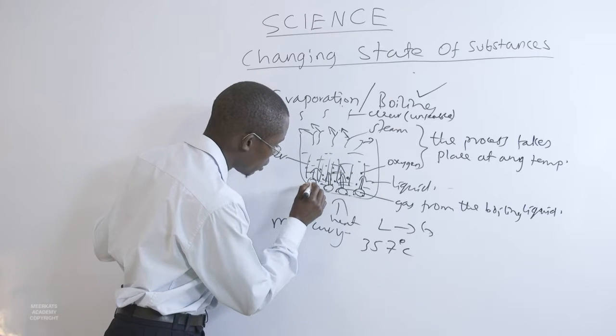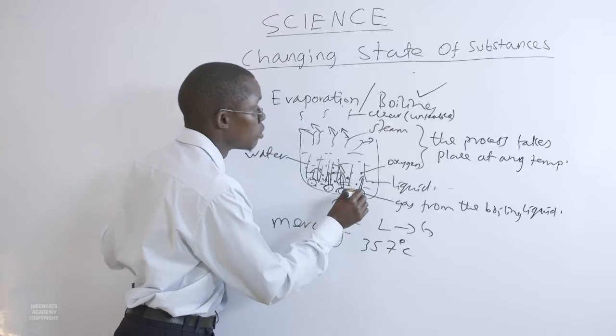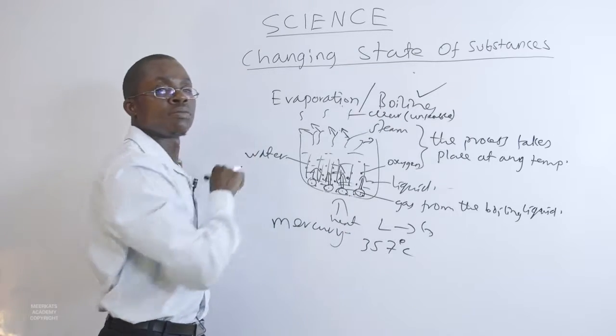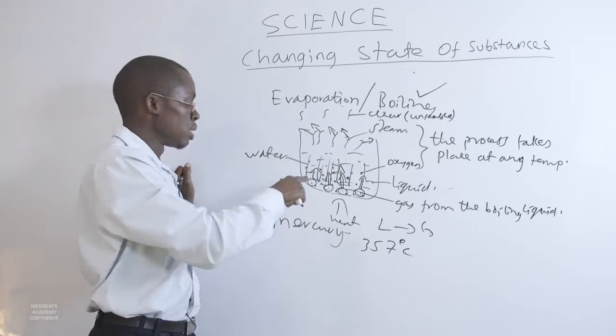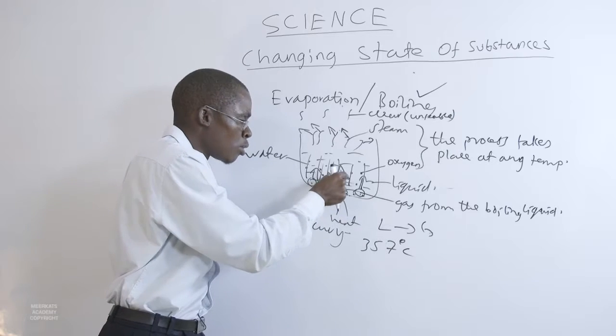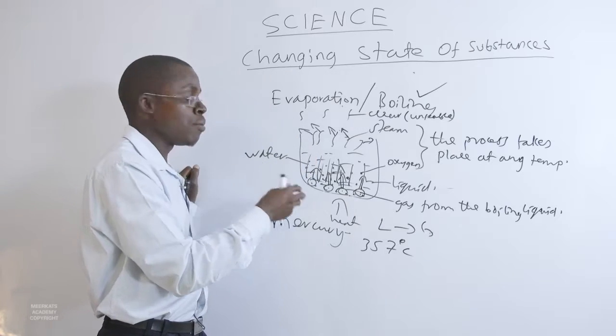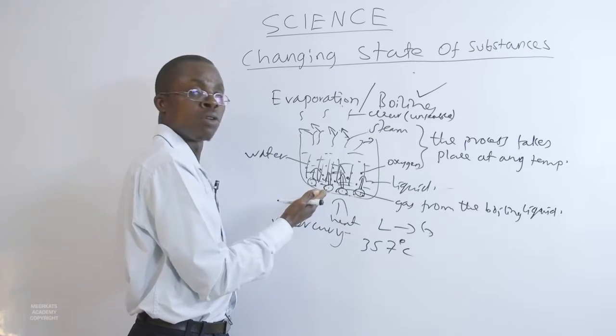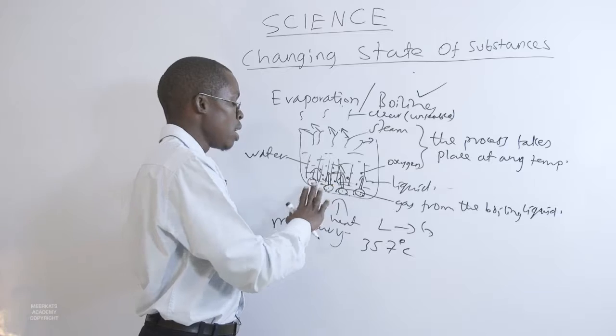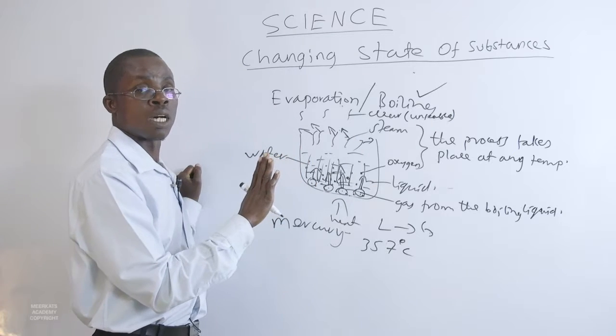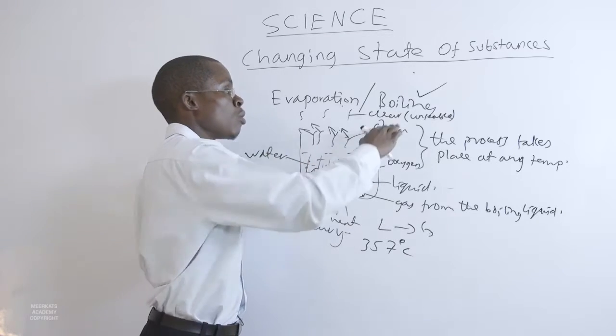This process of these air bubbles going up is what we call boiling. This process of these bigger, not small ones, big air bubbles coming out from the bottom of whatever material you are using to boil water is what we call boiling.